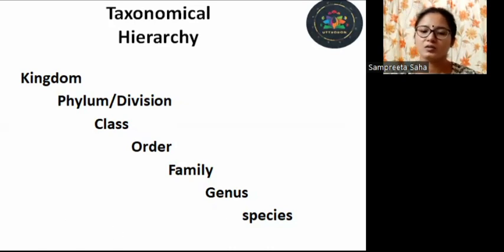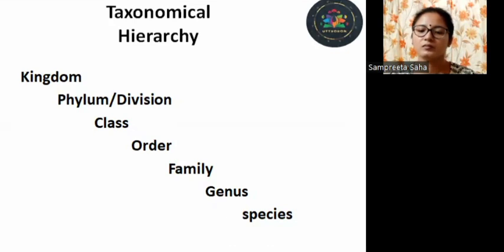So this arrangement that you see over here, since you are in high school now, you must be aware of this division, these levels. You have learnt about it in your junior classes. Let us quickly revise them now.